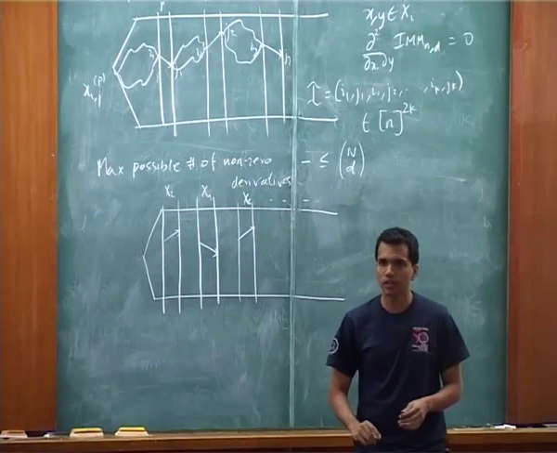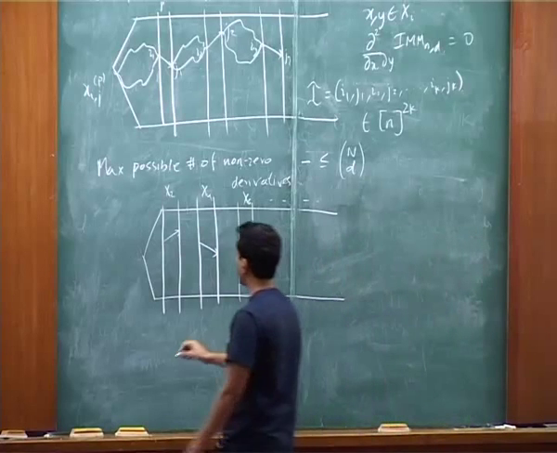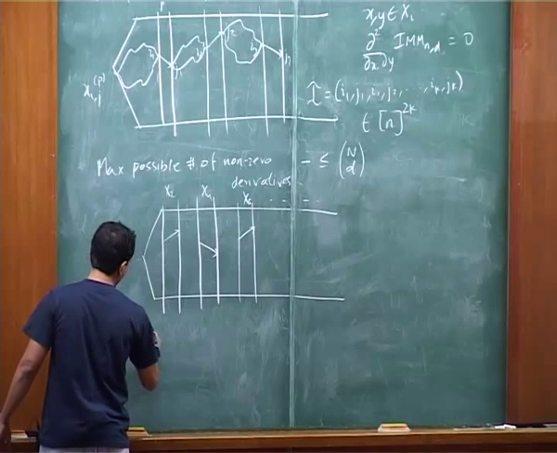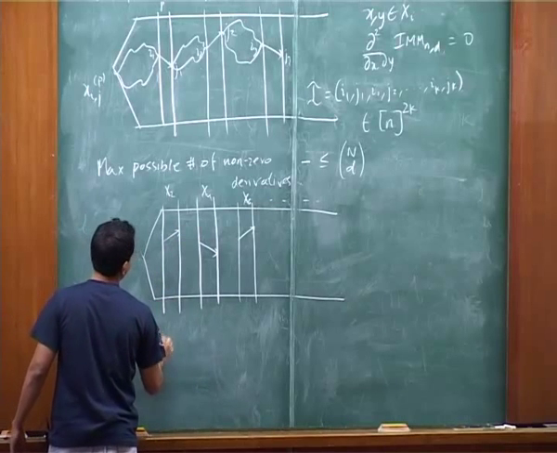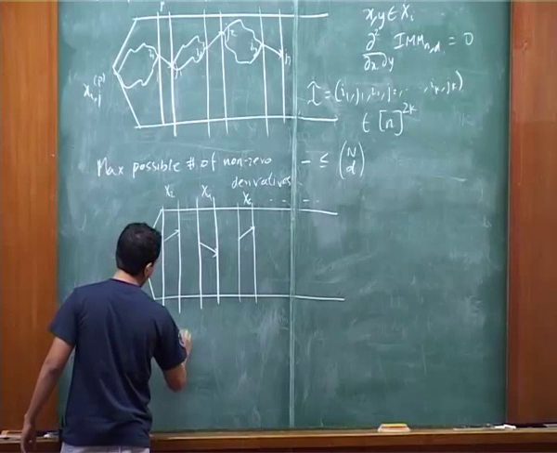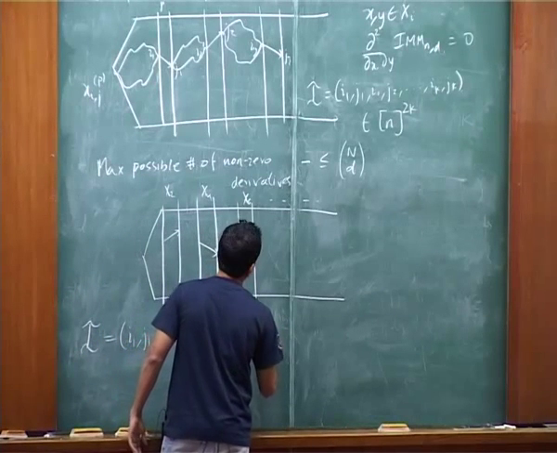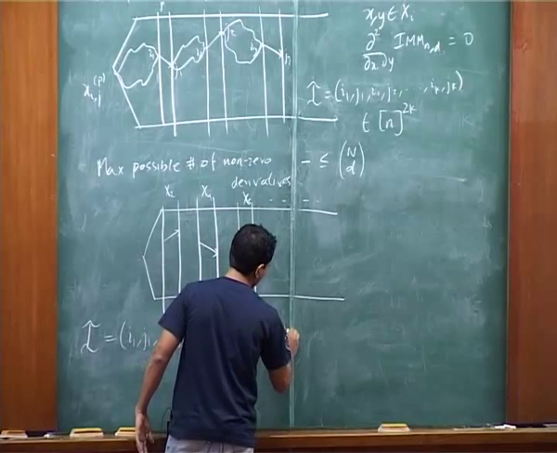Okay, those are my derivatives. So the tuple I ranges over all possible I1 J1 from the matrix x2, I2 J2 from the matrix x4, I3 J3, all the way until I d by 2 J d by 2.